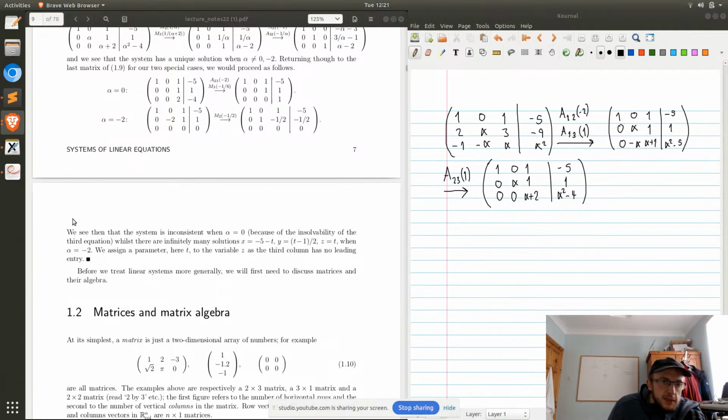We see then that the system is inconsistent when alpha is 0 because of the insolvability of the third equation, whilst there are infinitely many solutions in this case here, as long as you set x equal to negative 5 minus t, and y is equal to t minus 1 all over 2, and z is equal to t, when alpha is equal to negative 2.